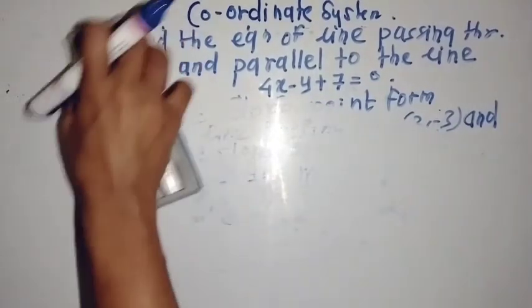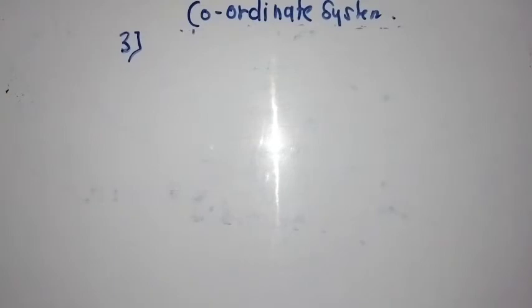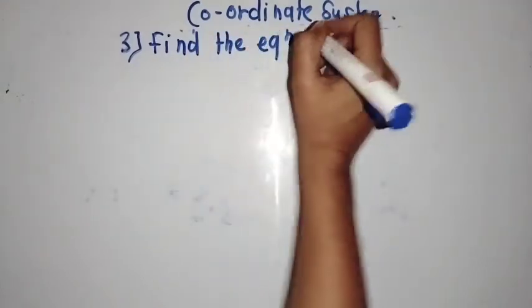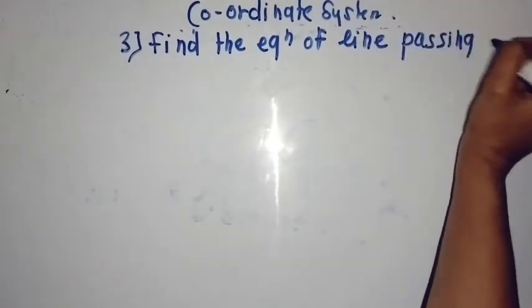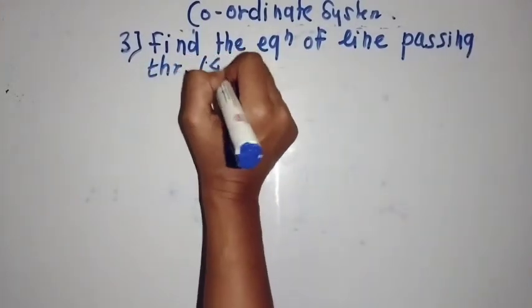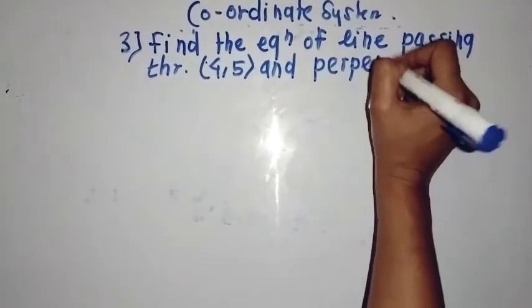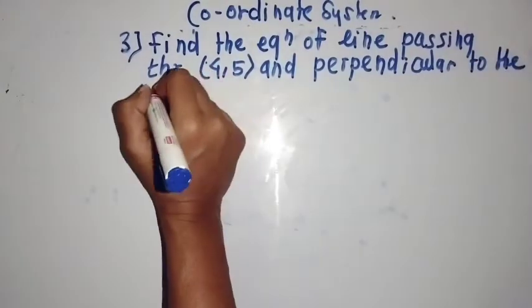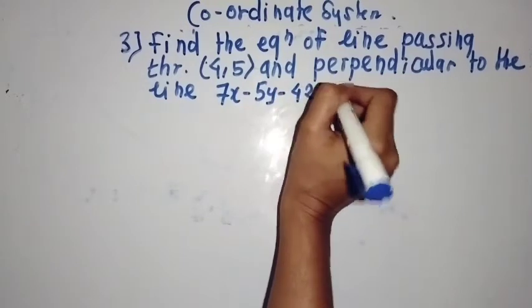Then we give a third example. Find the equation of line passing through (4, 5) and perpendicular to the line 7x minus 5y minus 420 is equal to 0.